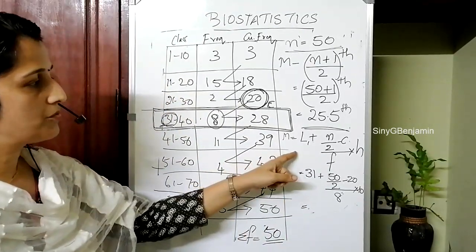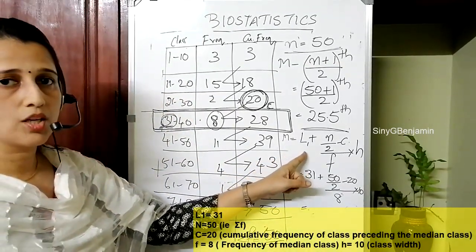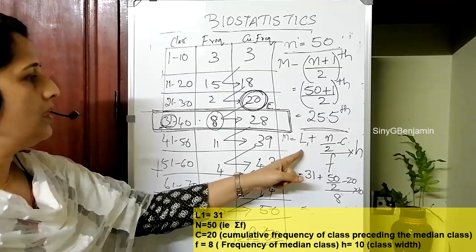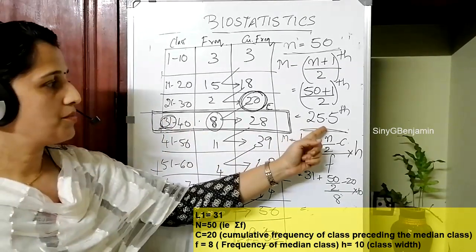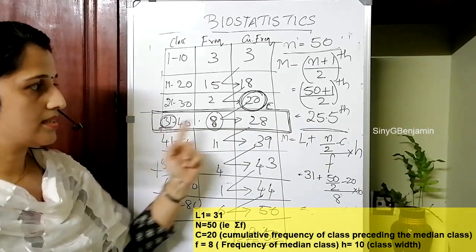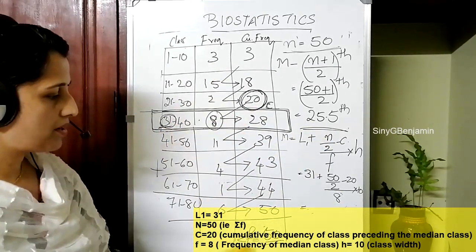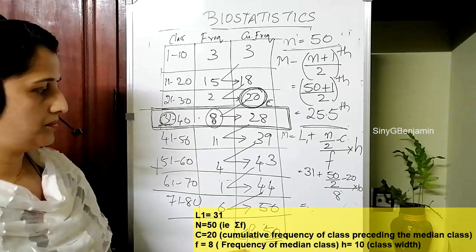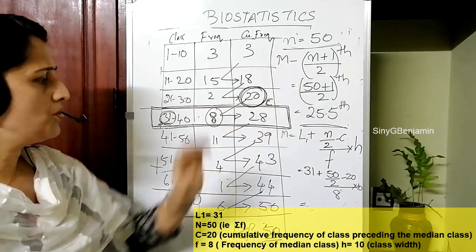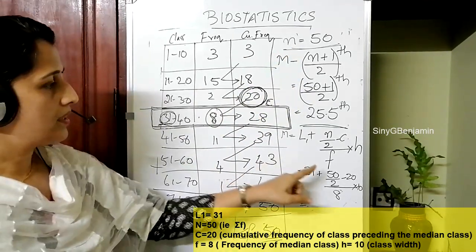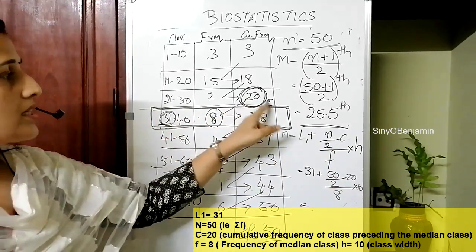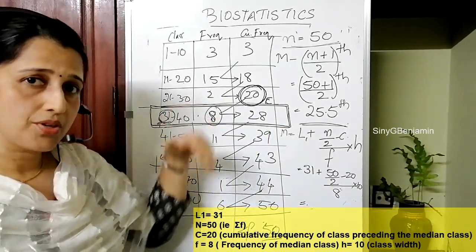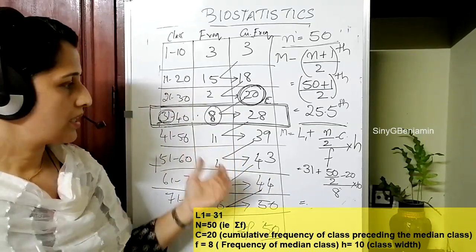Let me tell you once more. L1 is the lower limit of the median class where the 25.5th item lies. N is the total number of frequency that comes to 50. Then C is the cumulative frequency of the class preceding the median class.